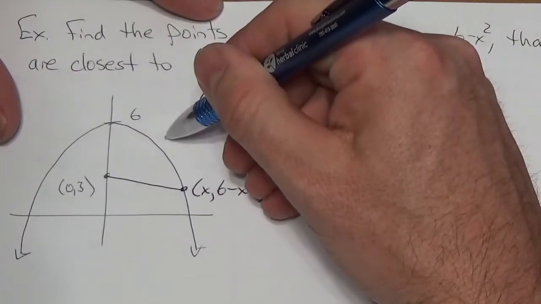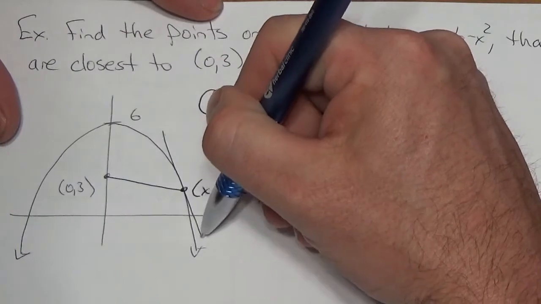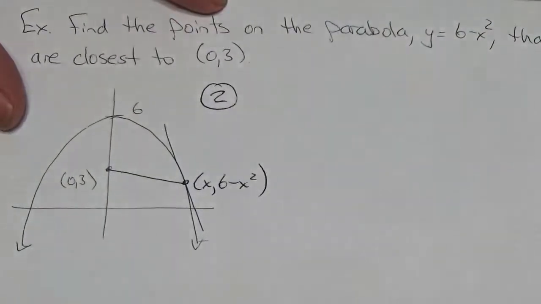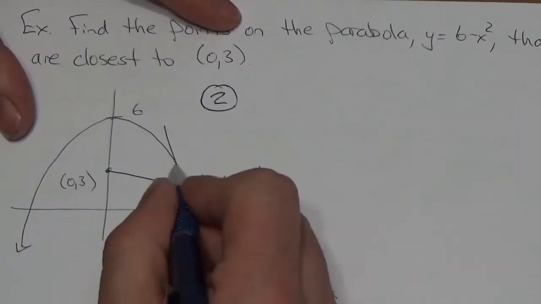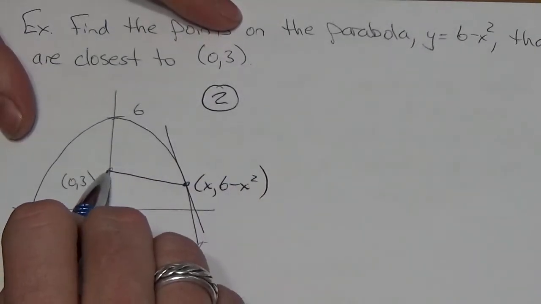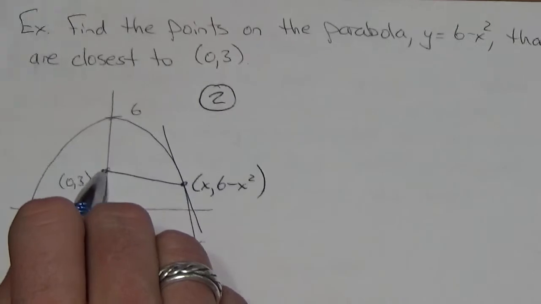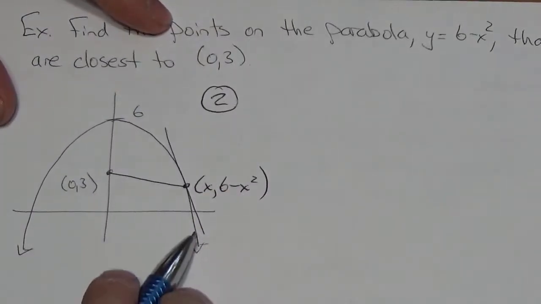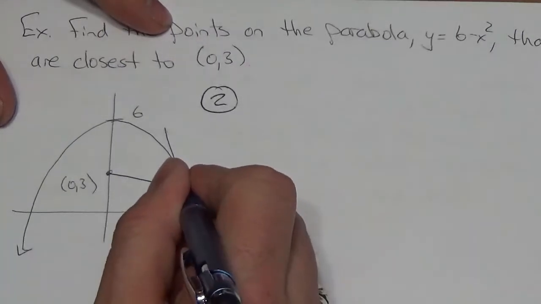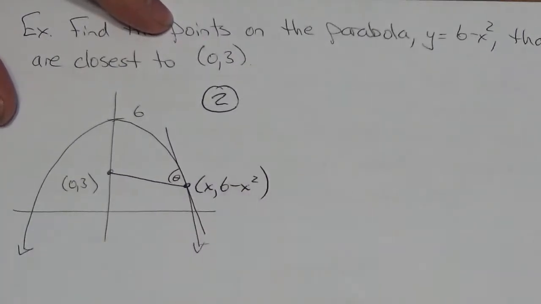What we're going to do is apply a property of the geometry here to make this answer pop out for us. So when we connect that point, 0, 3, to a point on the parabola, and we compare that to the tangent line here, we're going to get some angle here, theta.